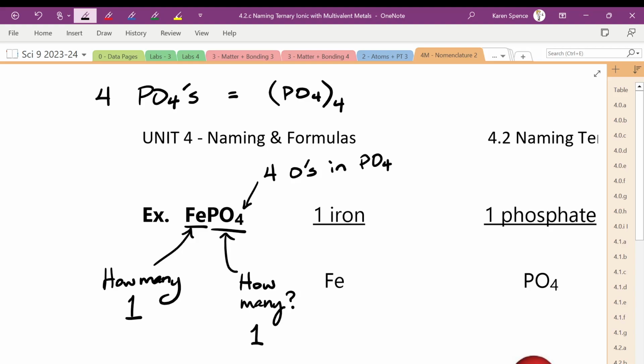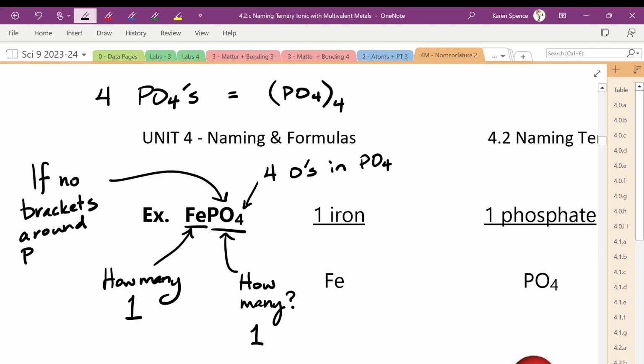But if there's no brackets, you just have 1. So if there's no brackets around the polyatomic ion, you have just 1. No brackets, how many?